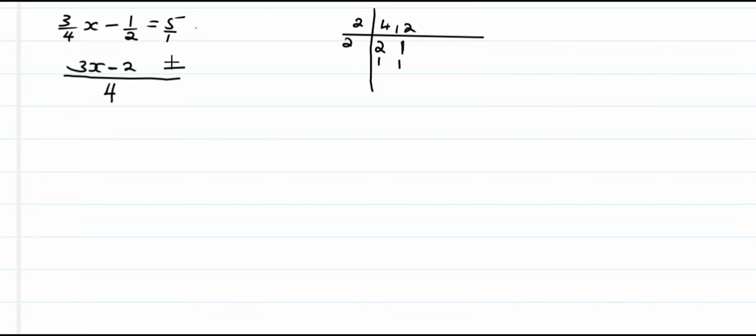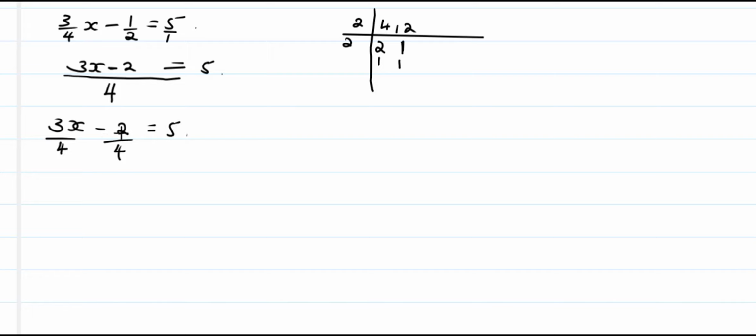Is equal to, I can just put 5 like that. Then this becomes 3x all over 4 minus 2 all over 4 is equal to 5.